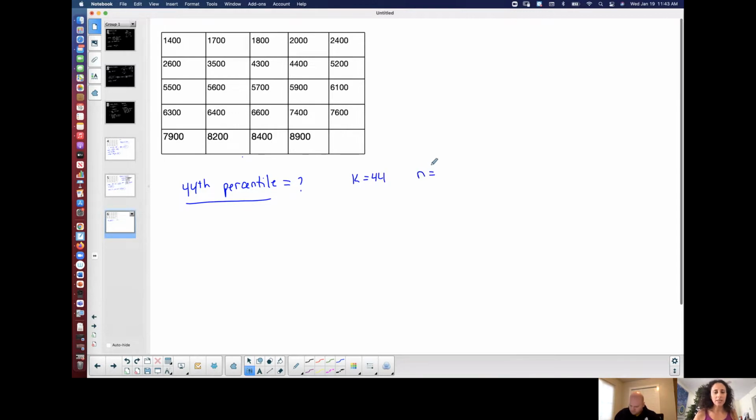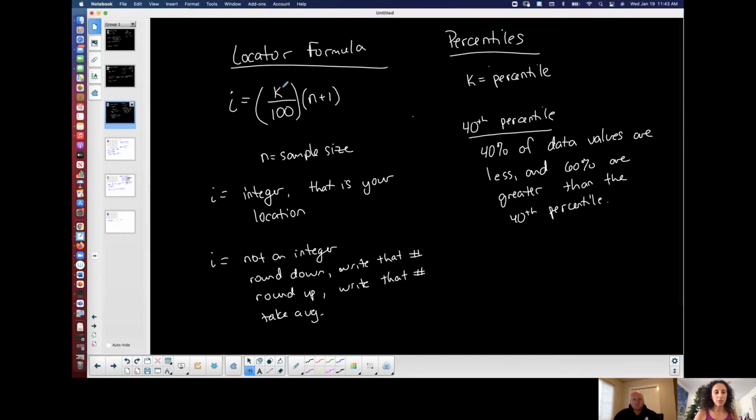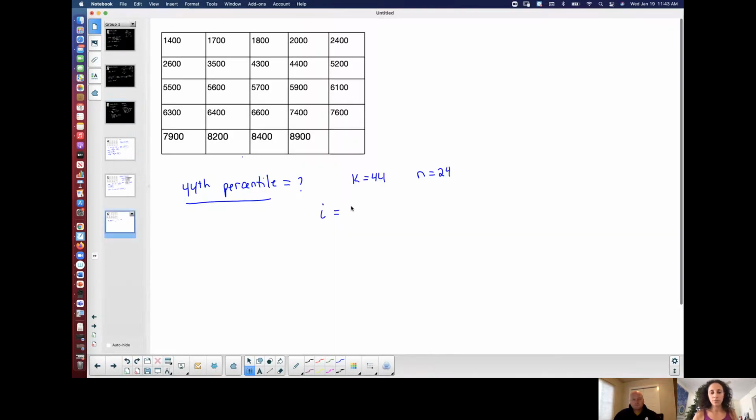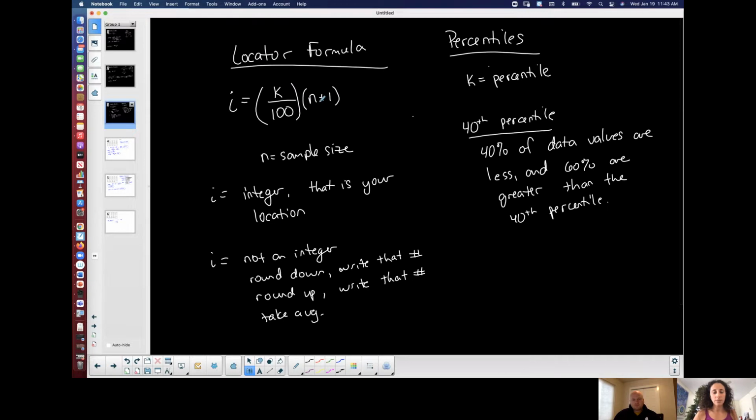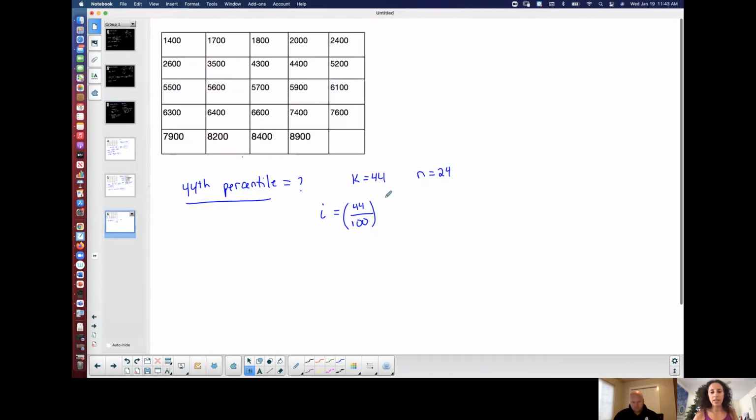My N, how many data? 5, 10, 15, 20. We had 24 data values, so N is 24. And I'm just going to plug it in. I is equal to K over 100 times N plus 1. 44 over 100 times 24 plus 1.